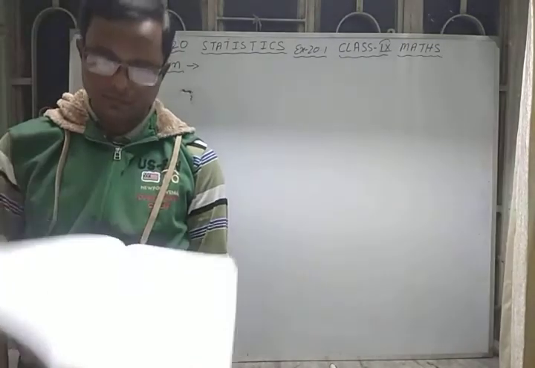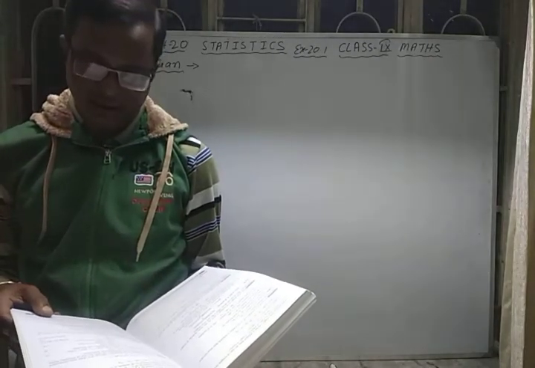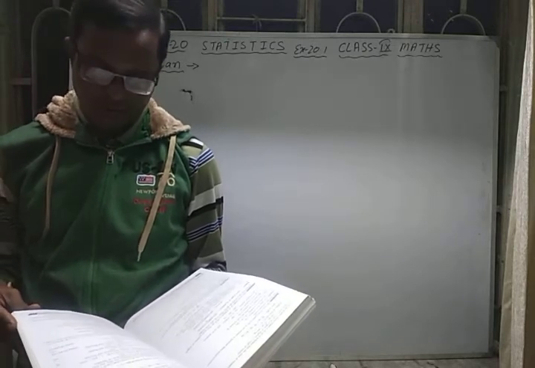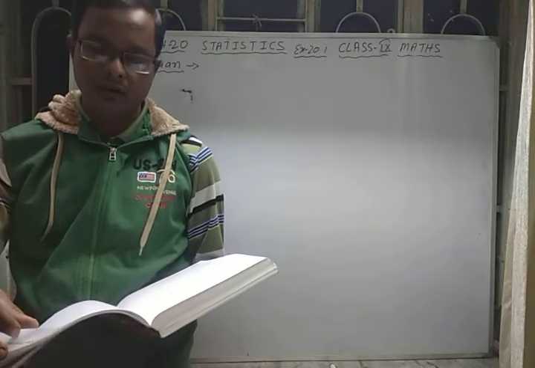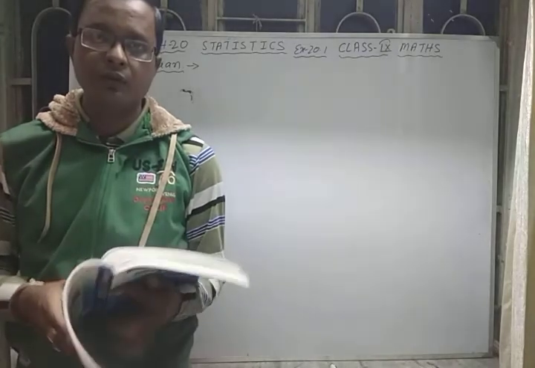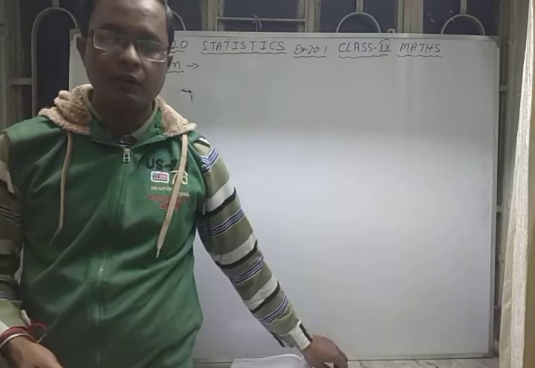The median is defined as the central value of statistical data if it is arranged in ascending or in descending order. So always while finding the median of ungrouped data, we have to follow some important rules.